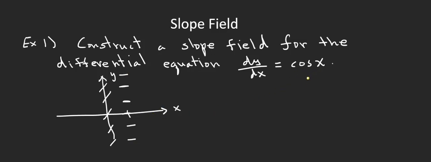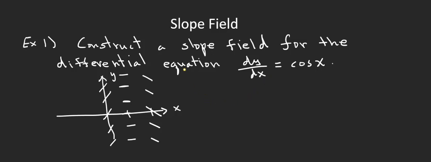Well, cosine of pi is negative 1. So at pi, it doesn't matter where the y value is, the slope is going to be negative 1 when x is pi. You could repeat this process and get the slope field for dy over dx.